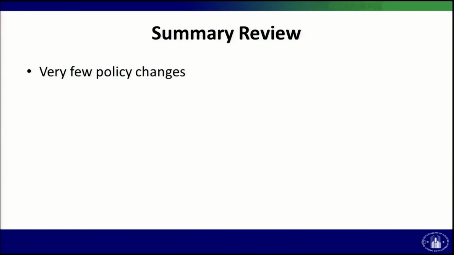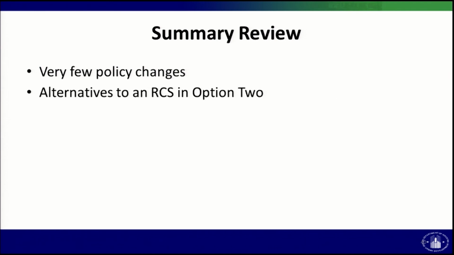As I said in the very beginning of this training, the new Chapter 9 contains very few policy changes. What we've tried to do is to make the chapter more user-friendly. During these sessions, however, we wanted to make sure that you were aware of some specific sections in the chapter. We noted that there were alternatives to RCS if the owner is renewing under Option 2.